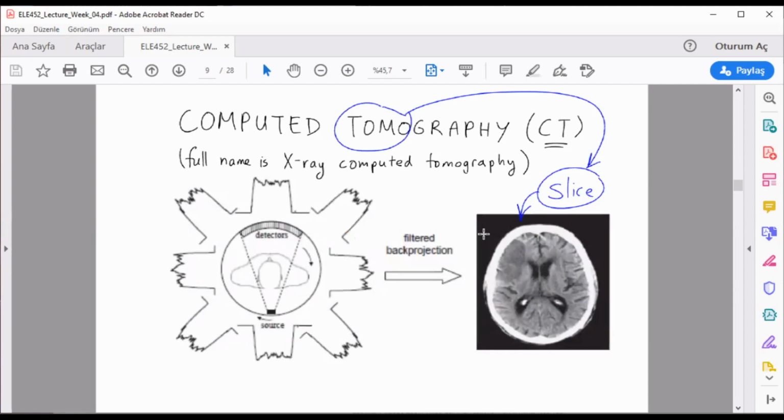A simplified version of data collection and reconstruction goes back to the 1970s, the early days. On the left side you see the cross-section of the patient and the gantry or bore of the system, and the source and detectors, where you see the X-ray beam through the patient, are rotated around the patient. They produce a kind of projection data, where this is the graph of the signal obtained in each detector.